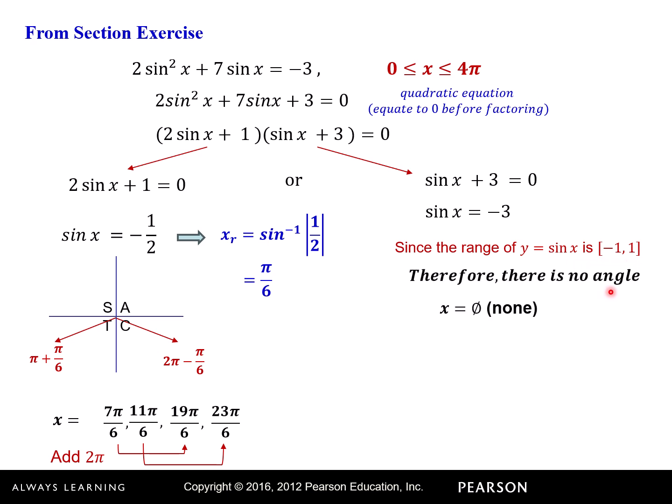So it means there is no angle for this equation. Or if you use a calculator, try to check shift sine of negative 3 and it will show a math error. So that means the solution set is only these four angles from the first equation.